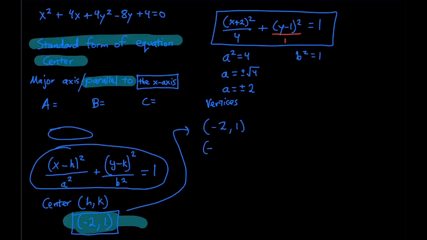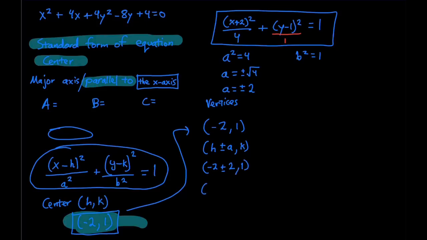Because this is the kind that goes sideways, you'd be adding the a to the x coordinate. Or let's say it this way, if you think about it as h and k, it's a sideways ellipse, so you'd be adding the a to the h. That would be the -2 from the center, plus or minus the 2 that we just found, comma 1.